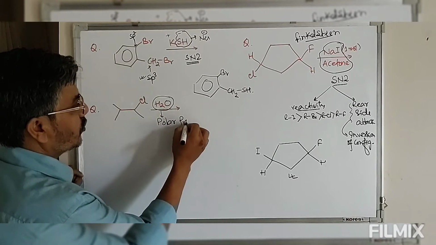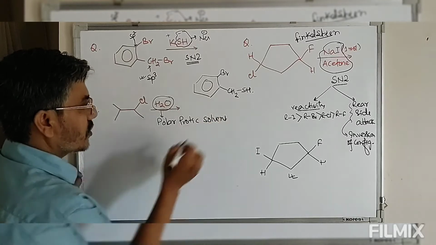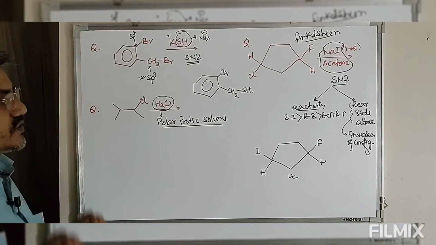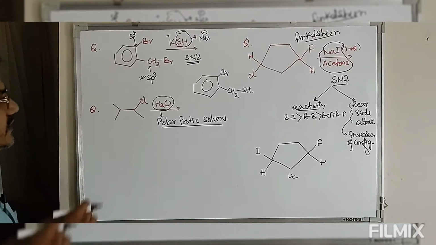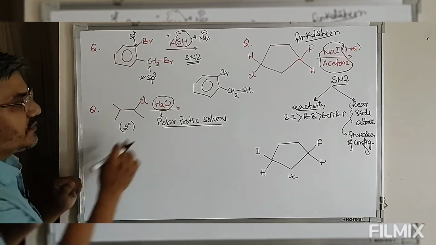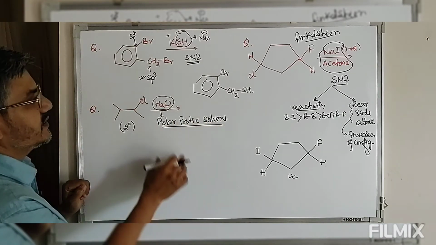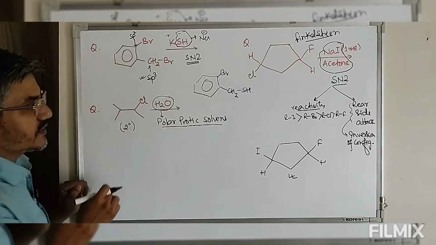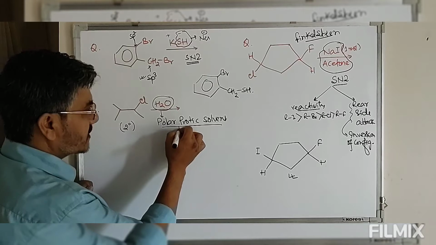If the solvent is polar protic, then the reaction has to follow the unimolecular path. This is a secondary alkyl chloride. So simply treating the secondary alkyl chloride with a polar protic solvent, this polar protic solvent will act as a nucleophile.